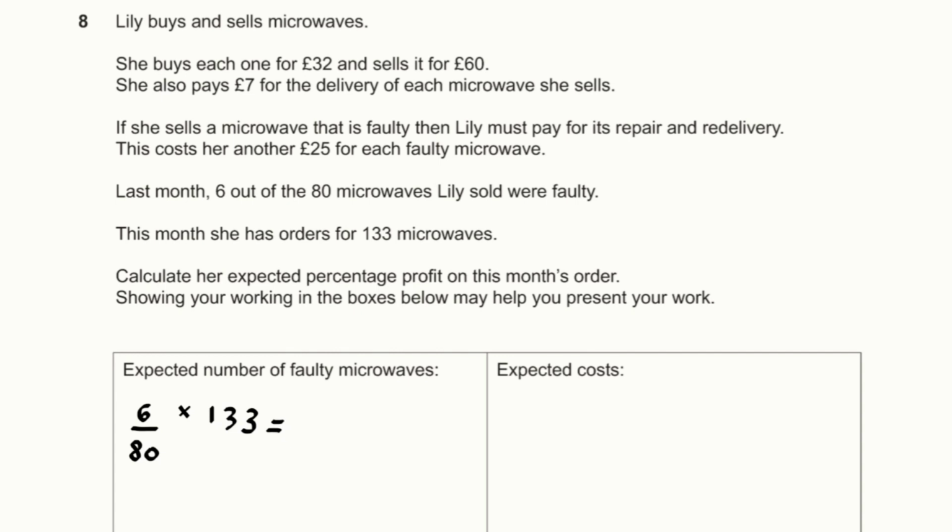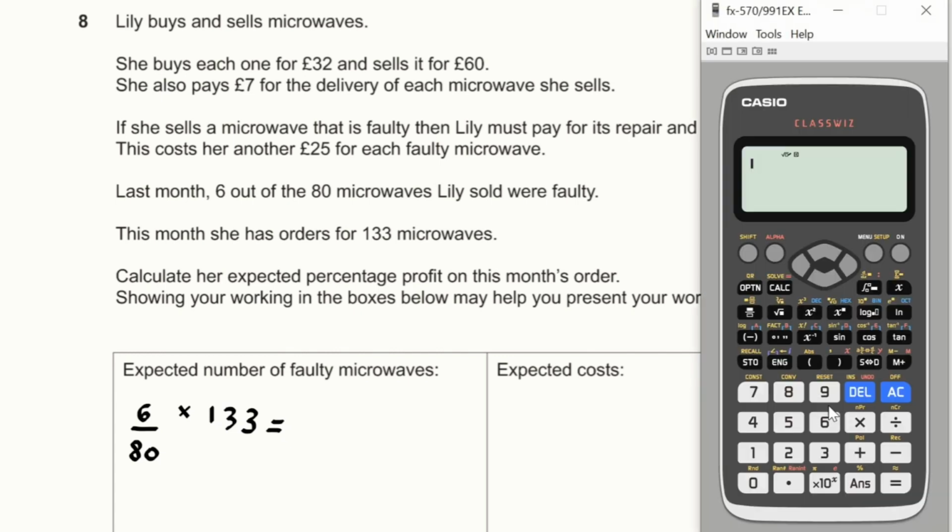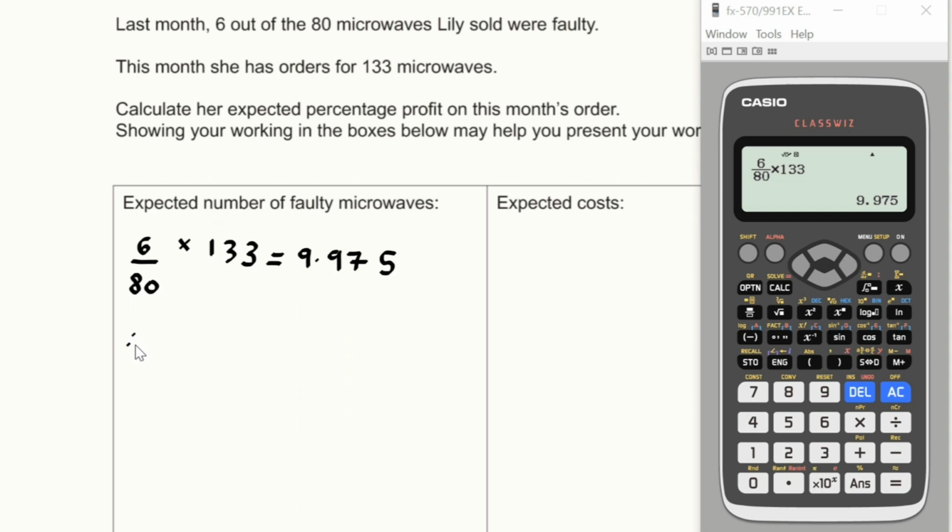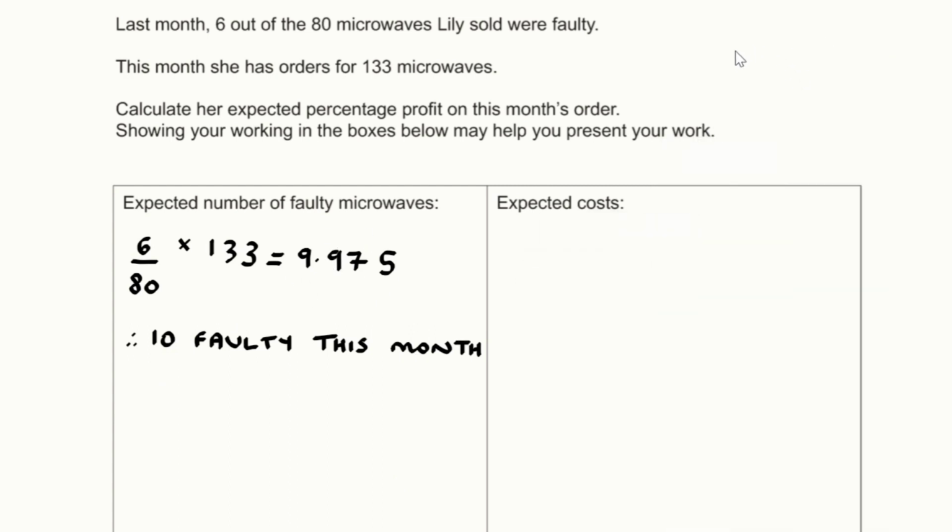If we calculate this, we've got 6 divided by 80 multiplied by 133, and it turns out we get 9.975, and therefore we can conclude we've got 10 faulty microwaves this month. We round this number up, and what we can now do is find out the expected costs.